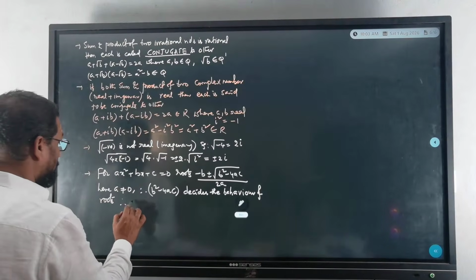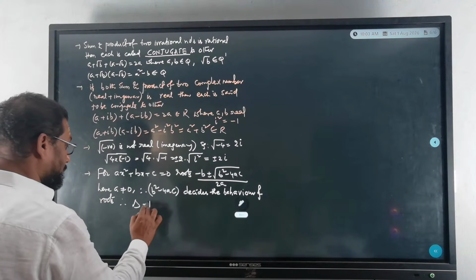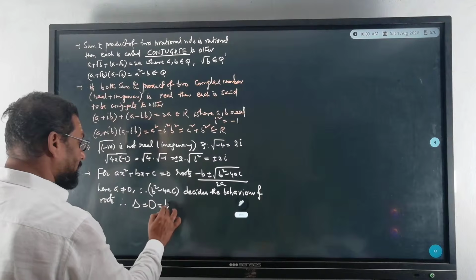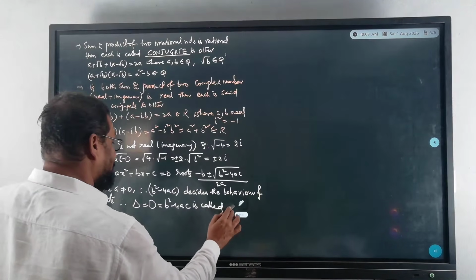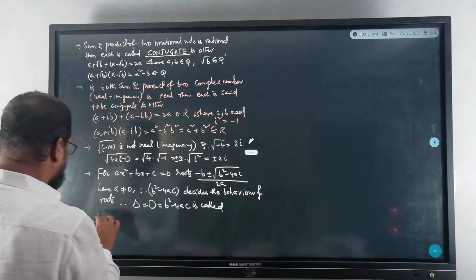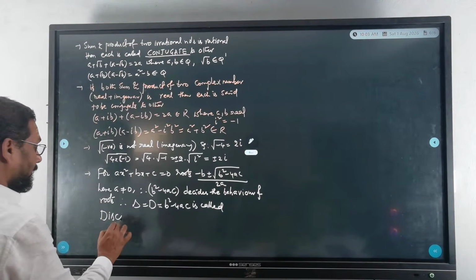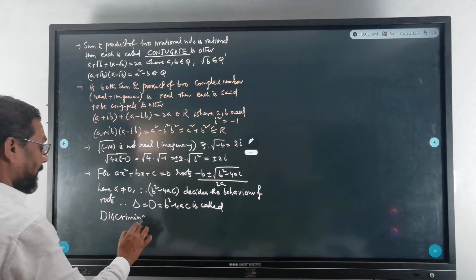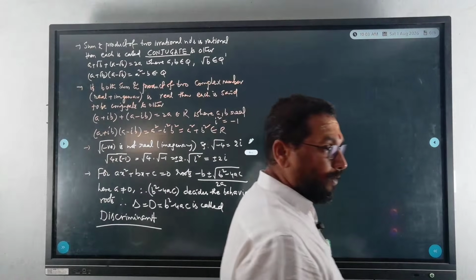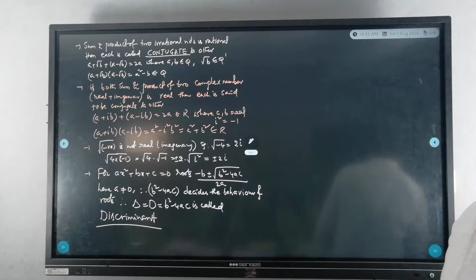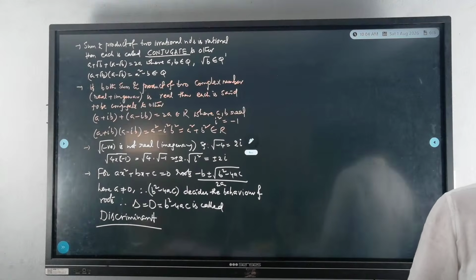Delta, or D, is equal to b square minus 4ac and is called the discriminant. Okay, so now we have to talk about the behavior of roots.